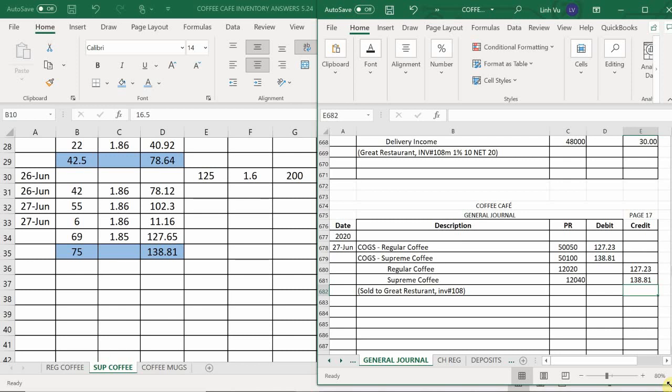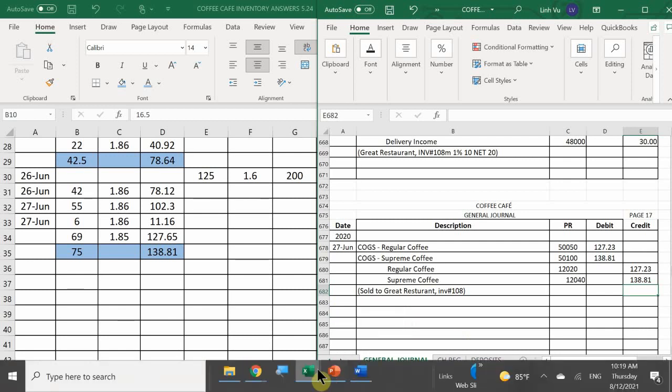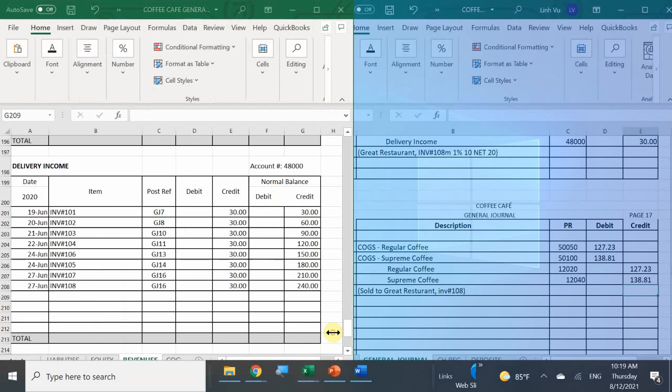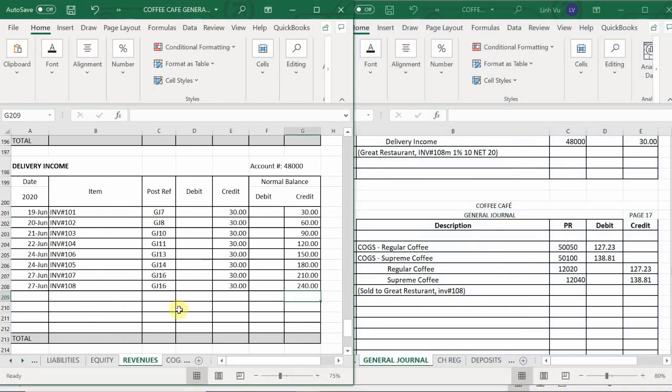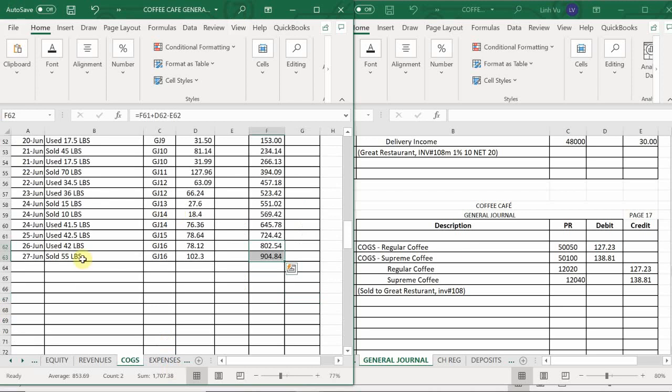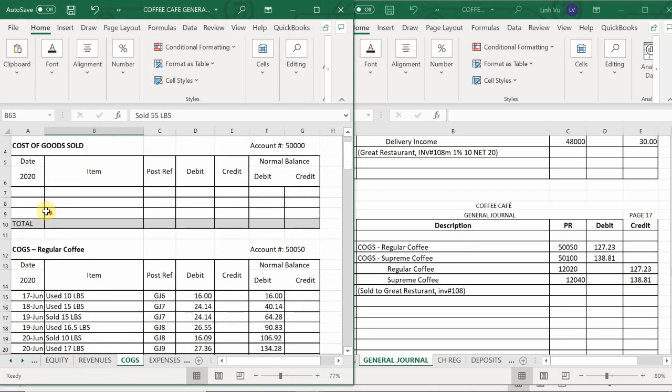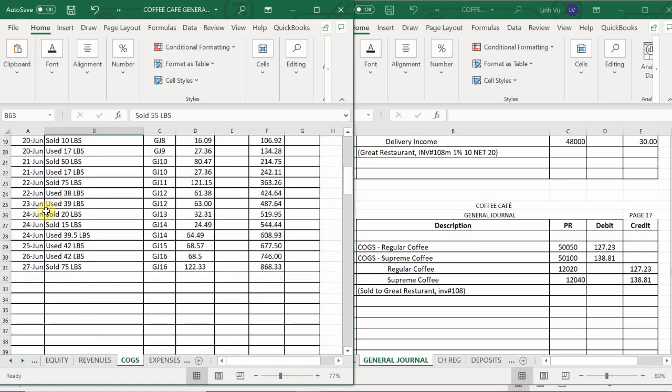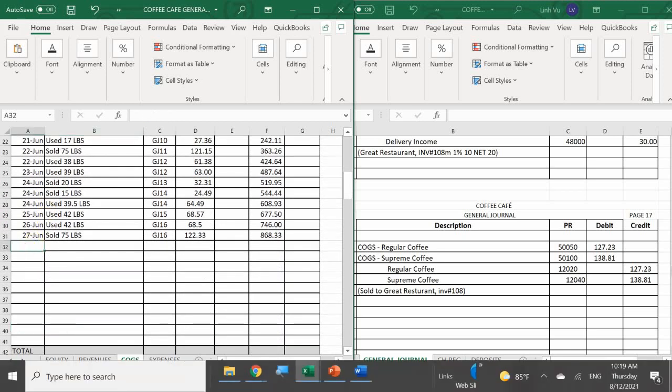Last thing I have to do is update my ledger. Okay. So my ledger. Okay. I got to do my cost of goods sold. I sold 78 pounds.